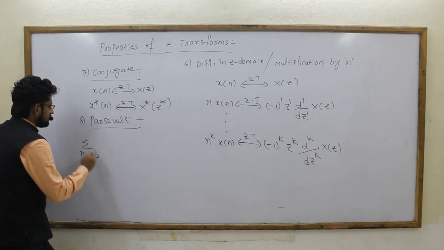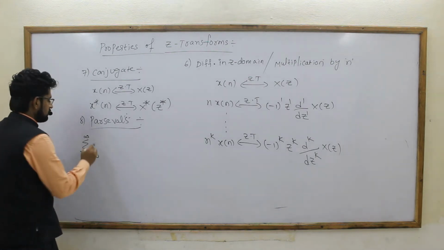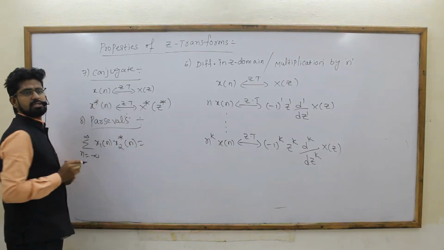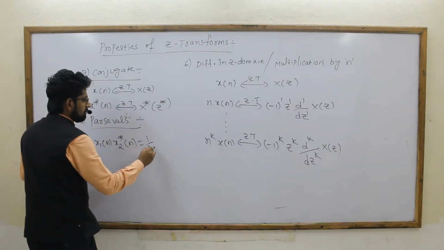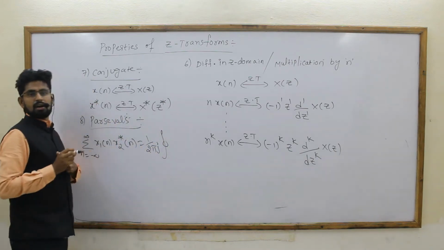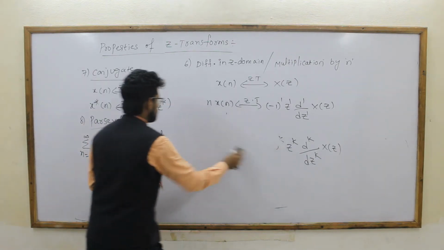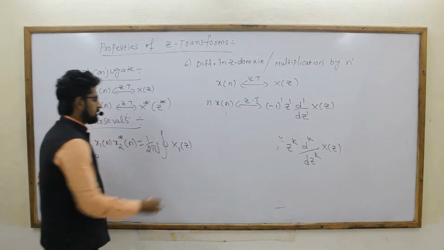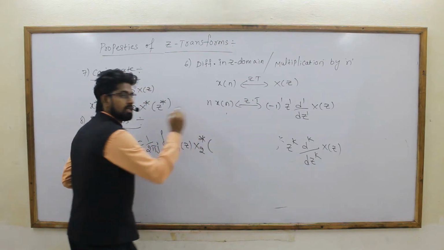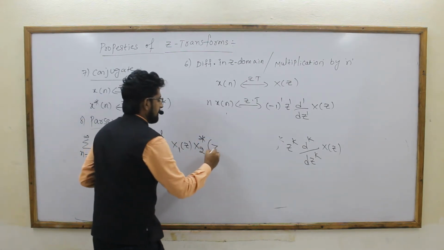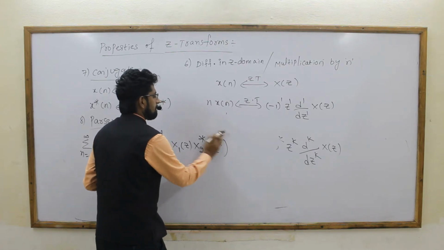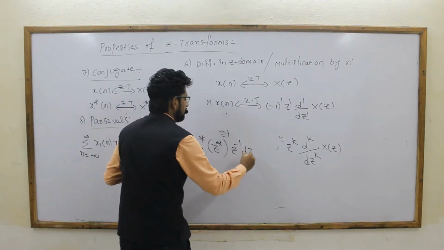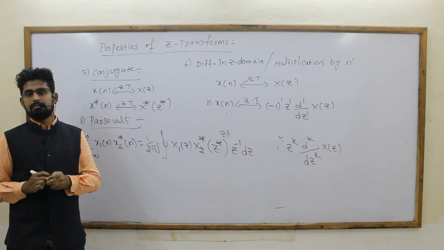Sigma n equal to minus infinity to infinity in time domain, two signals x1 of n, x2 star of n, is equal to, in frequency domain, 1 by 2 pi j closed integral of X1 of z into X2 star of 1 by z star, into z inverse dz. Right, this is the Parseval's theorem.